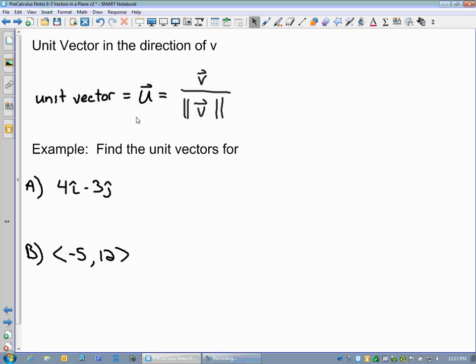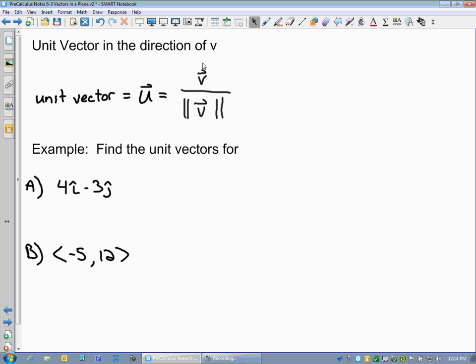So if you take any number, 4, 5, 7, if you multiply it by 1 over that number, then you're going to have a result of 1. So x times 1 over x, as long as x is not 0, is going to be 1. In other words, we're dividing by the magnitude.